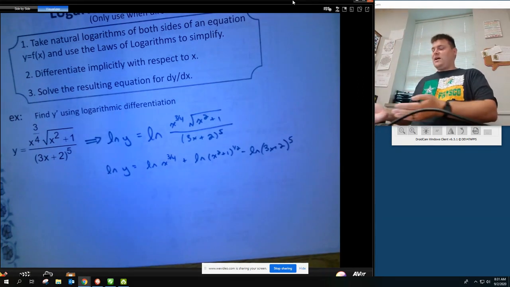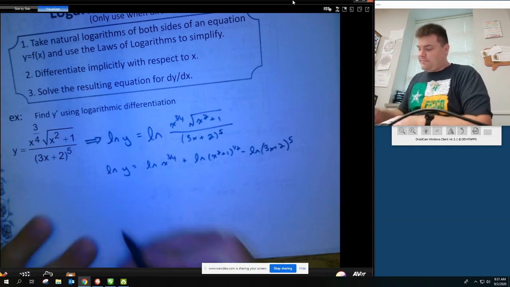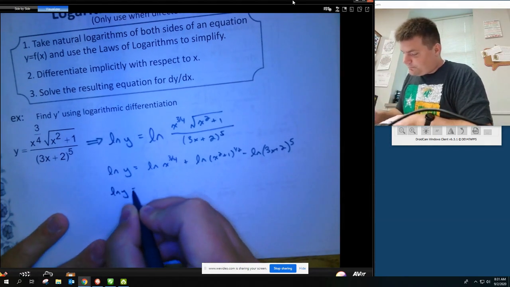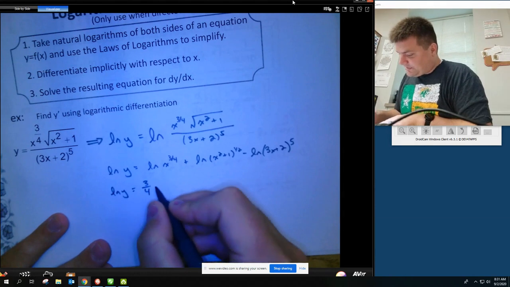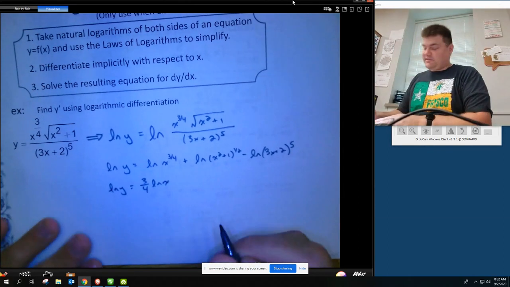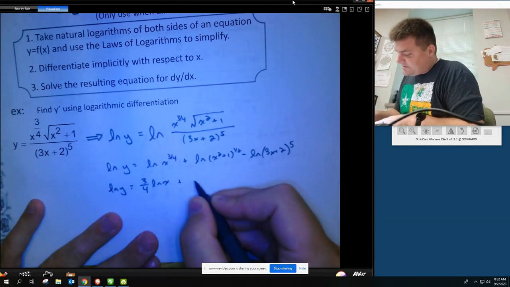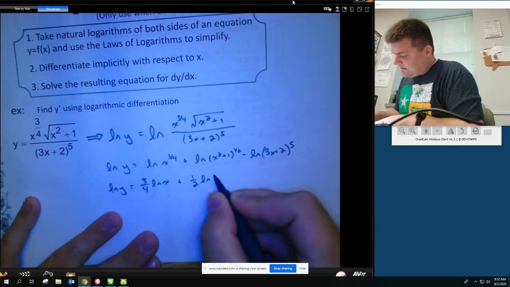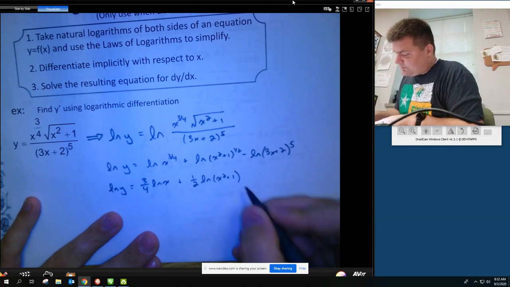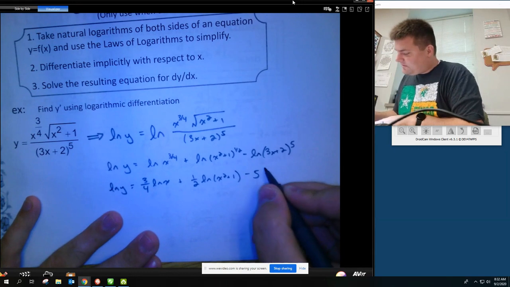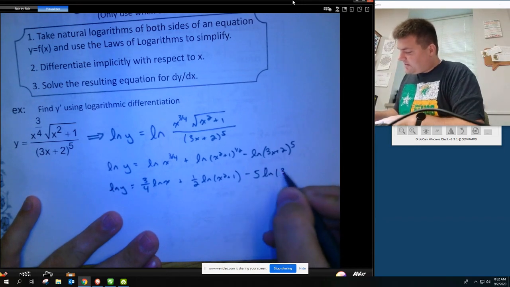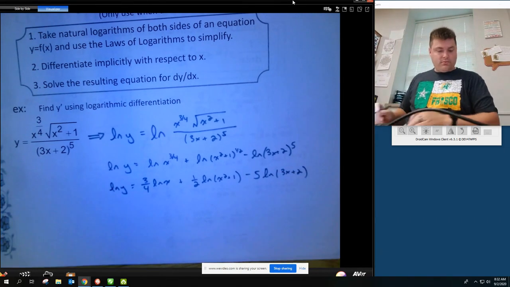And now all I'm going to do is pull all those exponents out in front. So it's going to give me 3/4 ln of x. That'll leave it pretty easy when I take the derivative of, plus 1/2 ln of x squared plus 1 minus 5 ln of 3x plus 2. Okay.